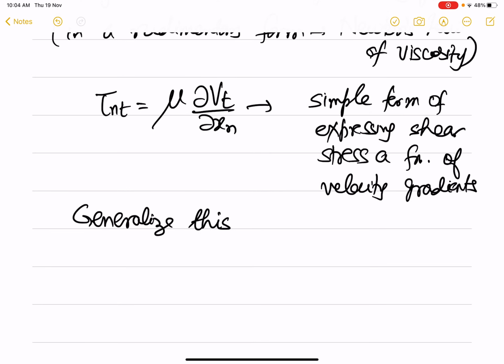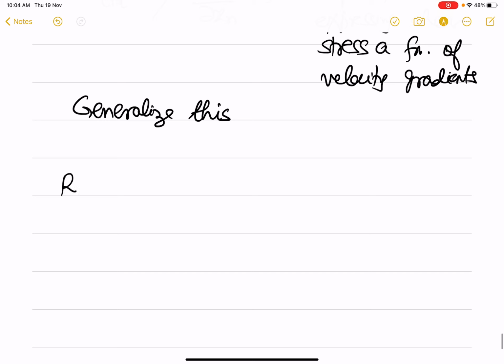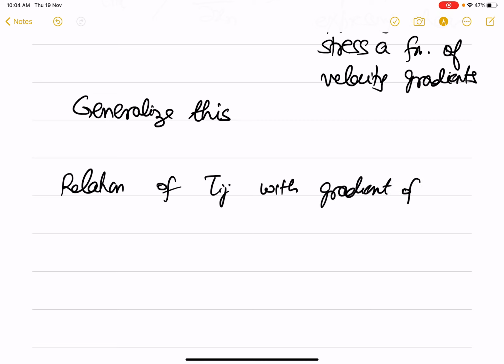And this relation of tau ij with the gradient of velocity, we will see in the next class.